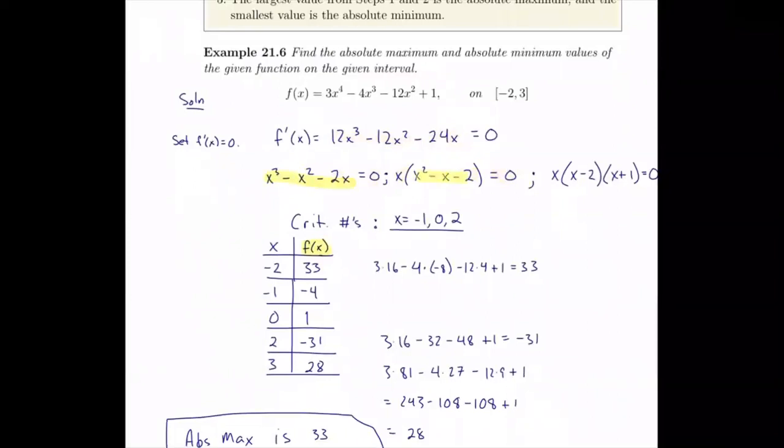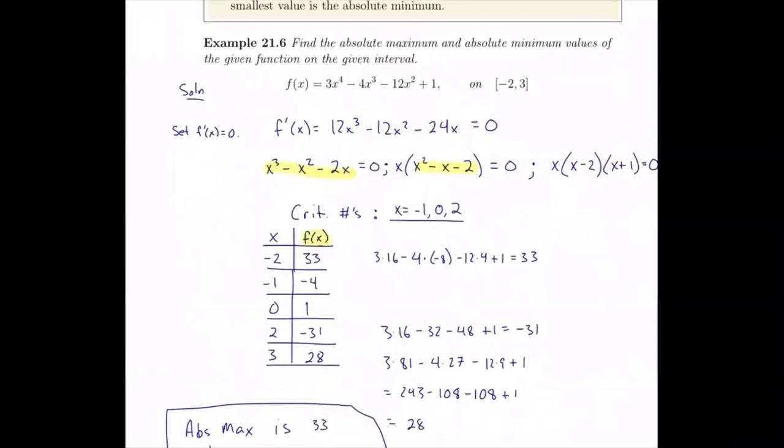Now I factor x squared minus x minus 2, from algebra, or I can use the quadratic formula, and I have x times x minus 2 times x plus 1. I have 3 critical numbers here, 3 places where the derivative is equal to 0. That's when x is 0, when x is 2, and when x is -1. Putting those in order, -1, 0, and 2 are my critical numbers.